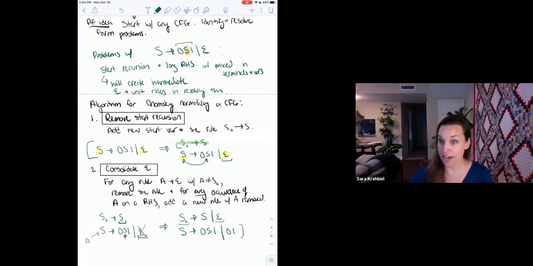And then we're going to have kind of arm's reach recursion that's happening at S. So S is allowed to stop its recursion, but it can't stop its recursion with epsilon. It has to stop its recursion one step before. So this grammar is equivalent, and it satisfies the first two requirements, that we don't have any start recursion and we have consolidated epsilon.